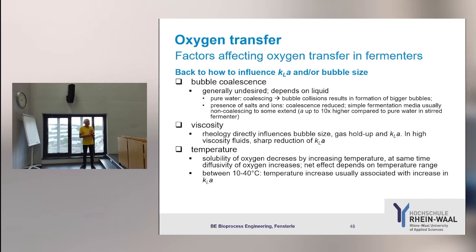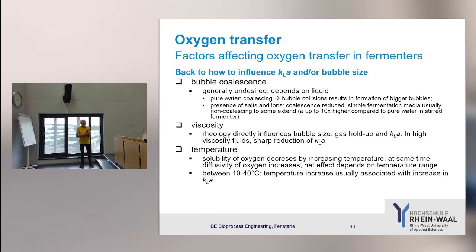It depends on whether there are surfactants and so on in the liquid. The cool thing is that pure water is coalescing, and usually as soon as salts and ions are inside, coalescence decreases. So usually the liquids we work with, our media, are less coalescing than water is. So that makes us happy.